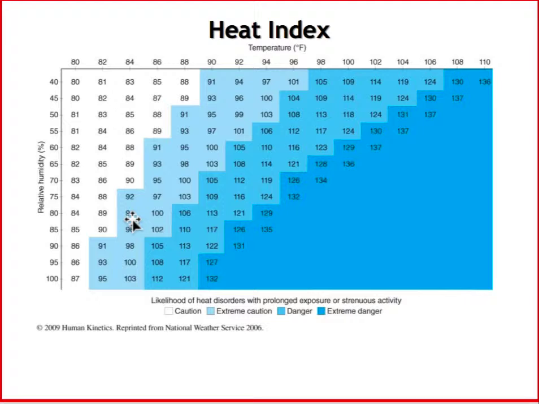What that means is you can be hypohydrated, and that's a risk factor for heat stroke, but you can also develop heat stroke and not be hypohydrated. I just want to make you a little bit aware of the relationship. So you can develop heat stroke and heat illness without being hypohydrated.